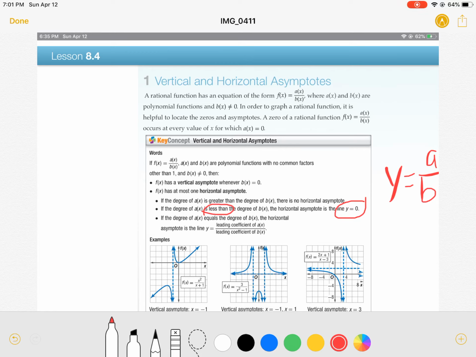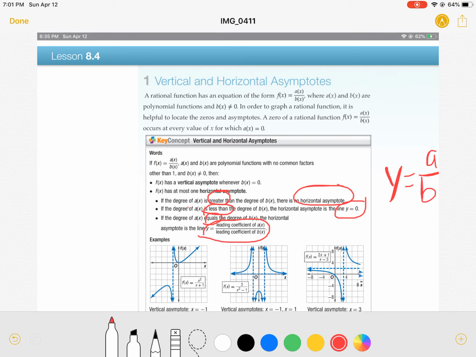If a of x's degree equals the degree of b of x, then the horizontal asymptote is going to be y equals leading coefficient of a of x over leading coefficient of b of x. And if the degree of a of x is greater than the degree of b of x, then there is no horizontal asymptote.